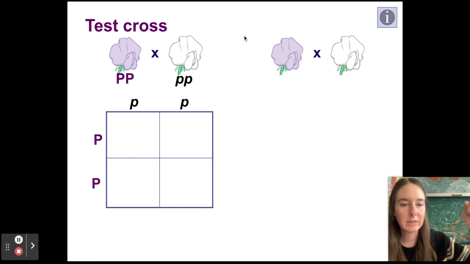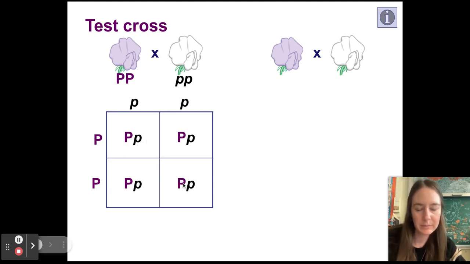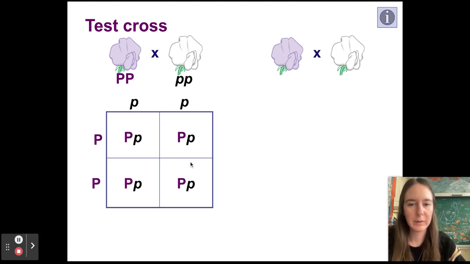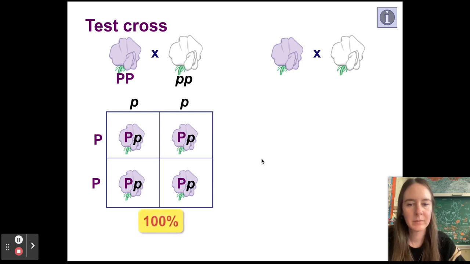We're literally going to take a little paintbrush, dust off the pollen and place it here. The only alleles in these pollen gametes can be little p. Same thing here, the eggs can only be capital and capital. So when we fill in our Punnett square, we get 100% heterozygous, or all purple flowers, purple phenotypes.